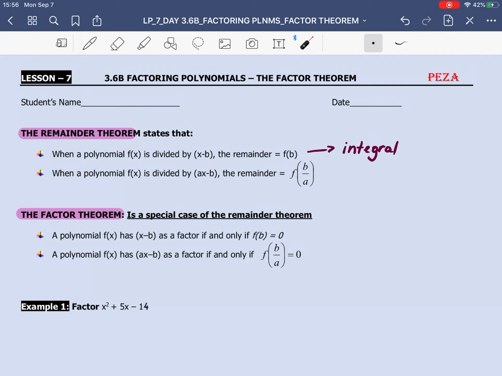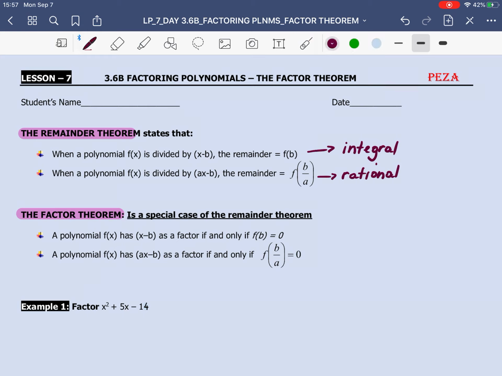When a polynomial f of x is divided by ax minus b, we said that the remainder would equal the value of the polynomial at b over a, and this is what we call the rational form of the remainder theorem. And the reason why is because b over a here is in ratio, in rational form, so it's a fraction.